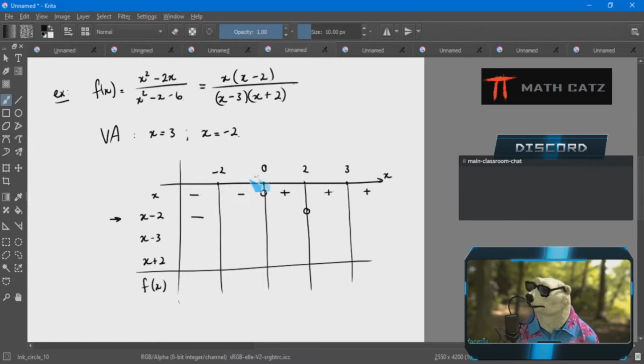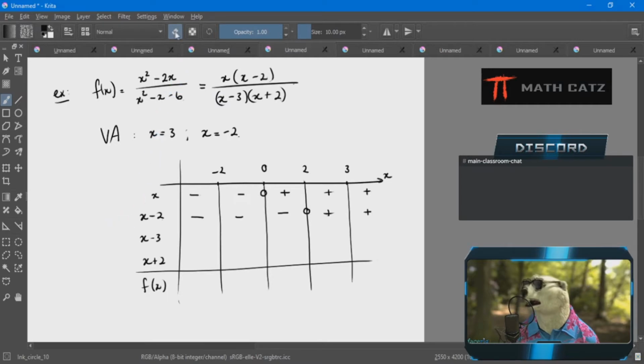In this interval, for x values between -2 and 0, I'm subtracting 2 from them. It's going to be negative. If I have a number less than 2, actually, the answer to x minus 2 is always going to be negative. But if I have a number greater than 2 and I subtract 2, I'm left with a little positive bit. It doesn't matter how much. The only thing that matters right now is if it's positive or negative.